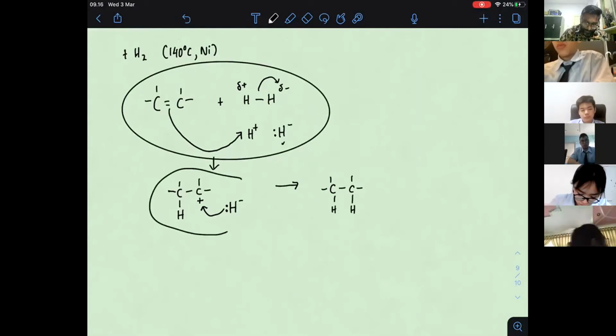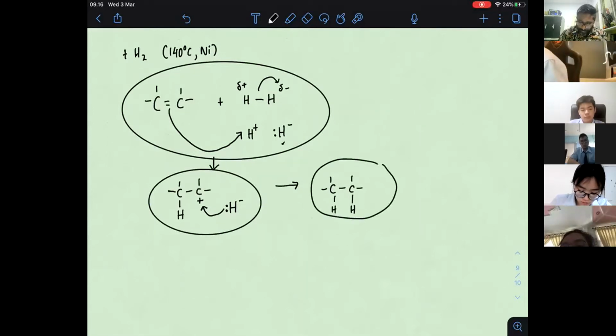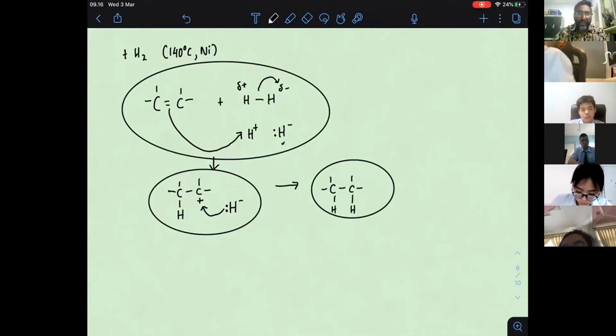Any question? Sir, why is the C positive? Why is the C positive? Because the moment you form a bond here, for example, here used to have electrons. The moment they form a bond, it means that the carbon electron that was shared as the pi bond is forming a bond to the hydrogen.